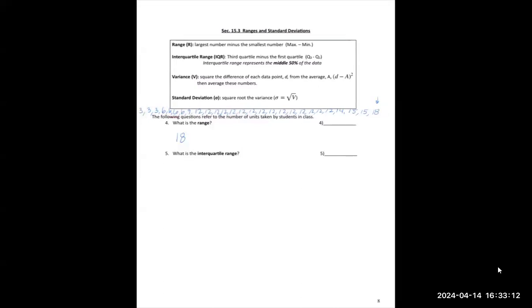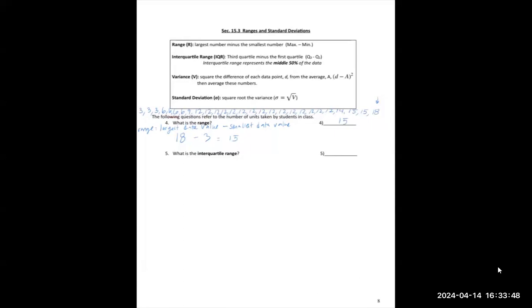So I just subtract those two: I took the largest data value and subtracted the smallest data value, and that gives me the range. 18 minus 3 is 15. So 15 is the range.